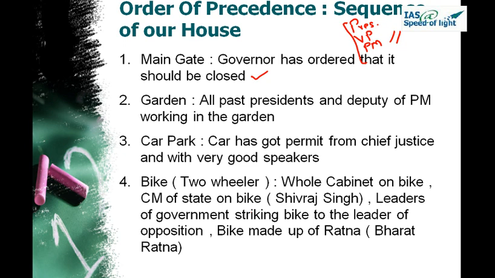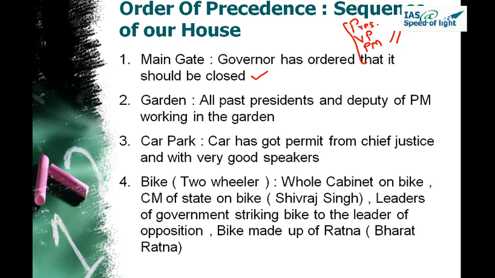it would be a very easy job for the aspirants. Now after completing the main gate, we enter inside the home, and the first thing is the garden, a small mini garden, which almost all houses have.